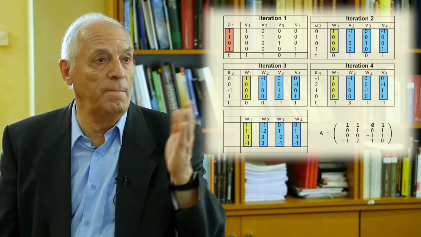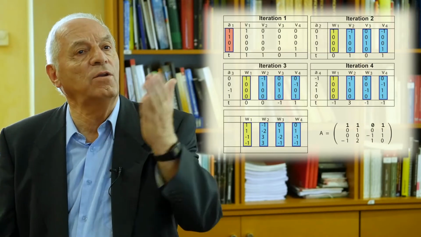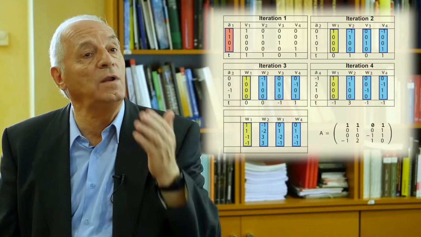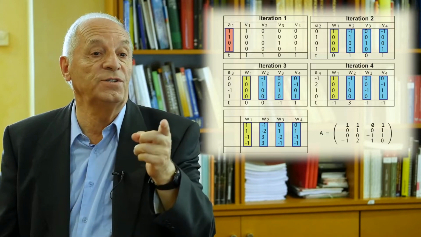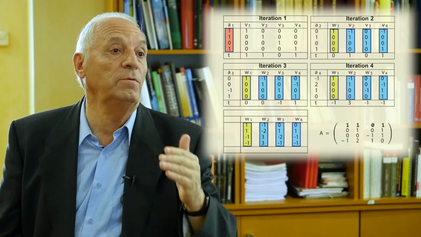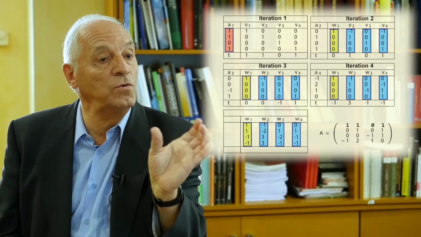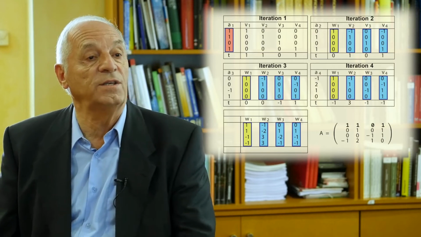If you introduce the vector 1, 1, 0, 1, then you pivot and you obtain another table in iteration 2. Then you introduce the second row, which is 0, 1, 0, 1, and you pivot, then you introduce the third, and you pivot, etc. And finally you will get a matrix at the end.